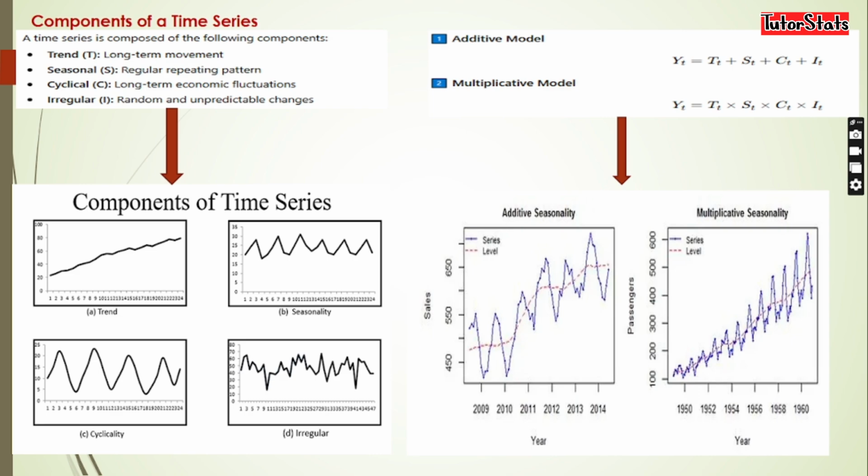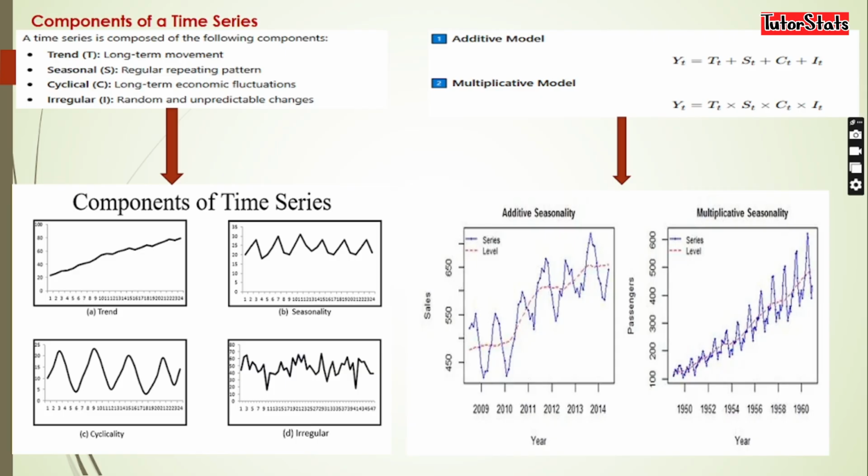Unlike seasonality, cyclic patterns do not repeat at exact time intervals. They depend on economic conditions. This graph shows long waves up and down, that is the cyclic movement over a long period of time.